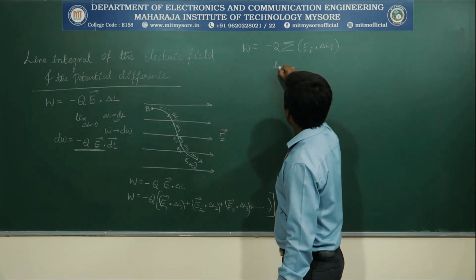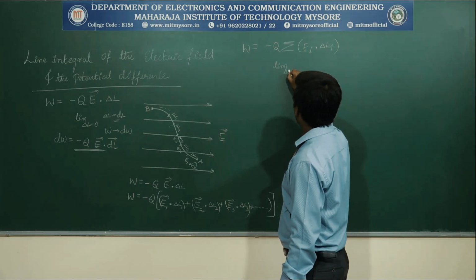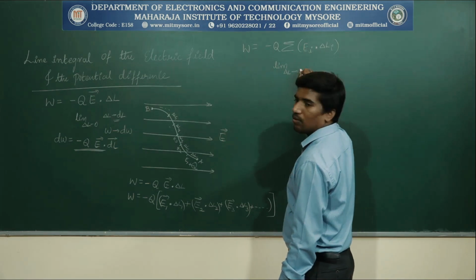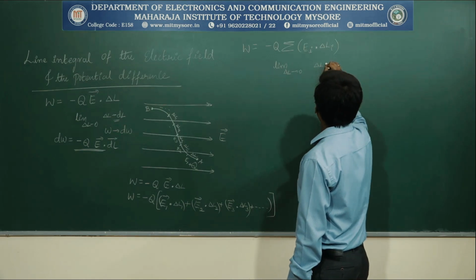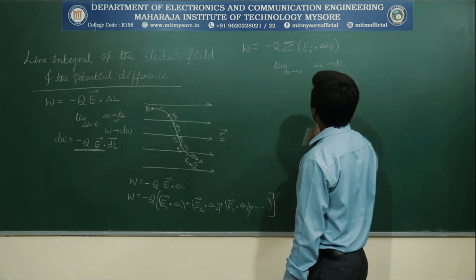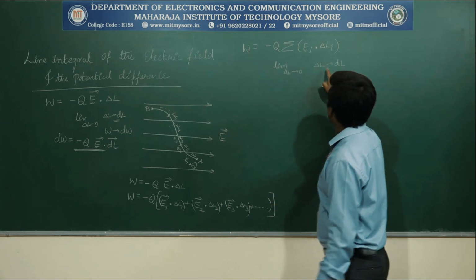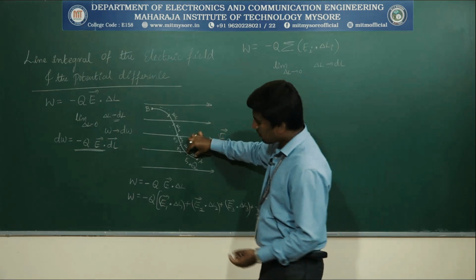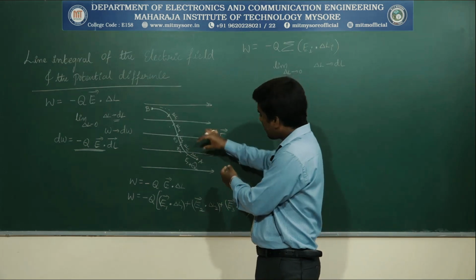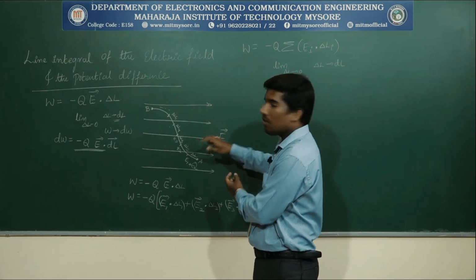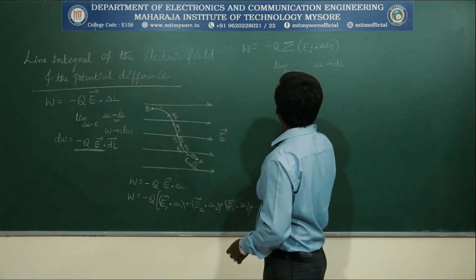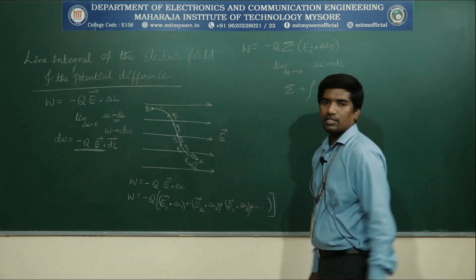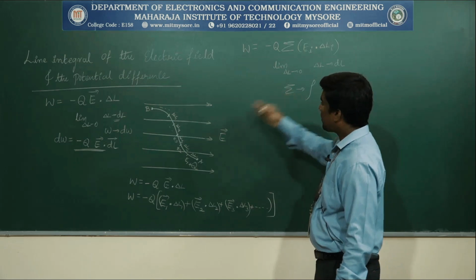Now if I apply the limit as delta L tends to 0, then delta L becomes dl. As the segments become infinitely small, the segment length is 0, then summation will be replaced by integration, because it becomes continuous.